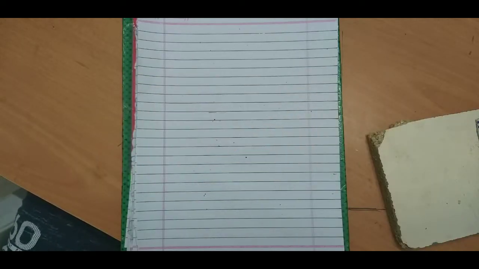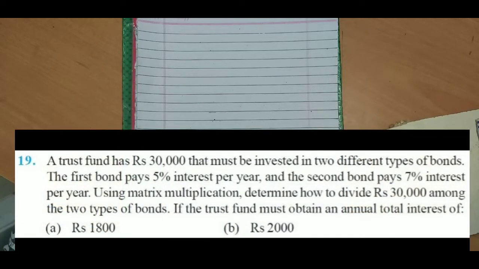Number 19. A trust fund has rupees 30,000 that must be invested in two different types of bonds. The first bond pays 5% interest per year and the second bond pays 7% interest per year.